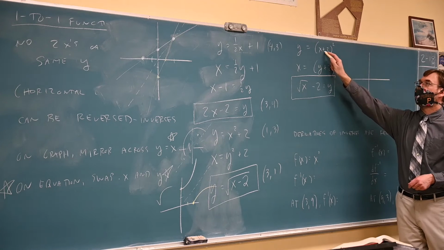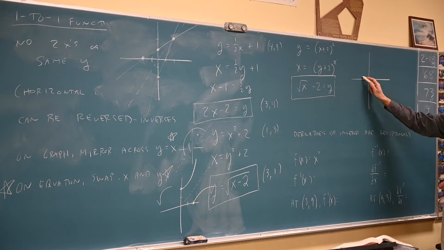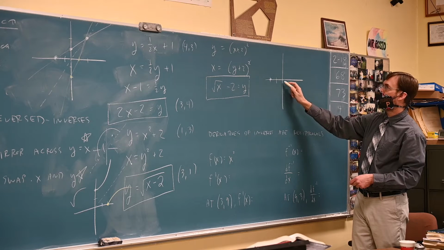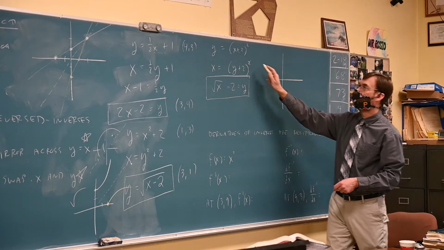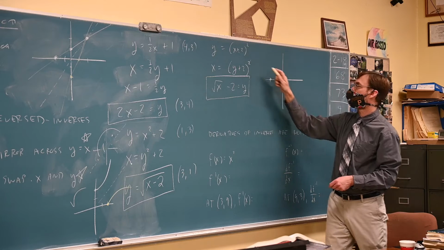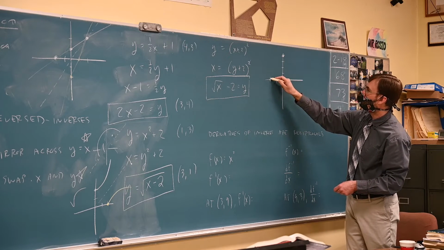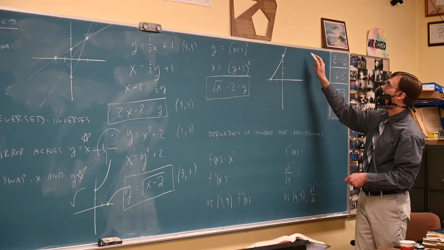If I wanted to do this, this would have gone left 2, and that would be a U shape. When x is 0, 2 squared is 4. So I get a U shape, kind of like that.